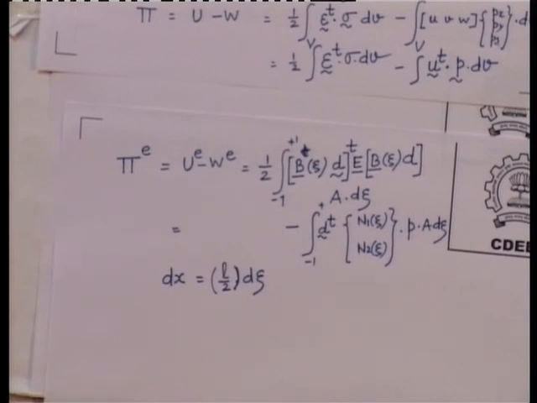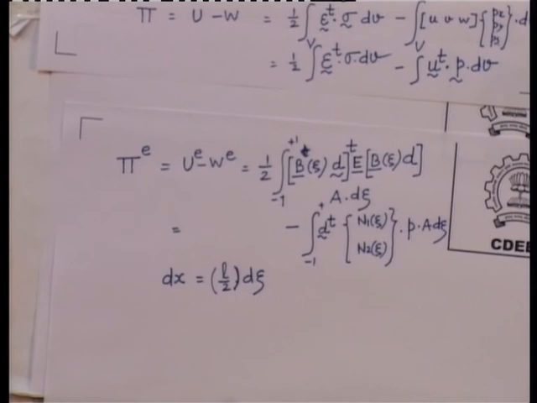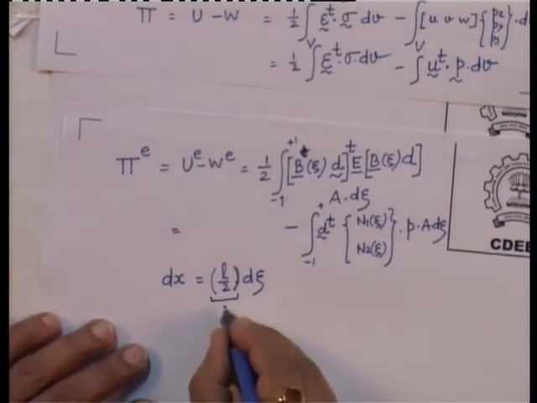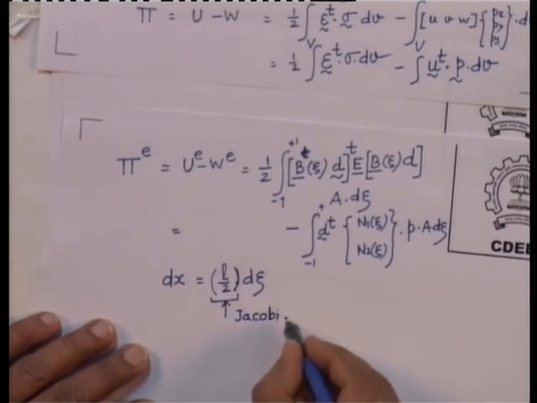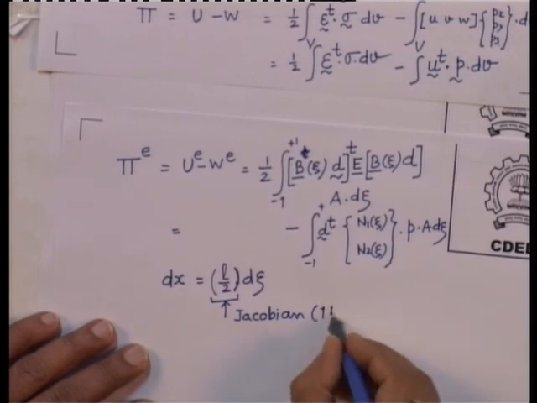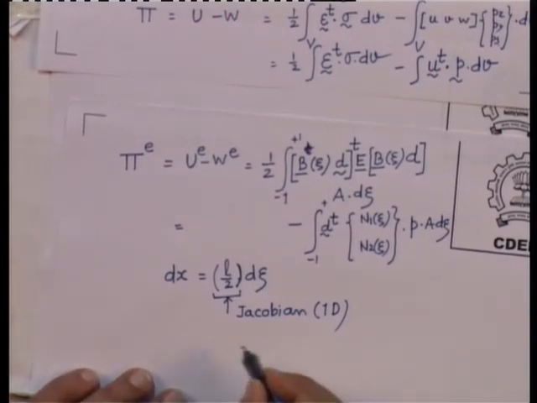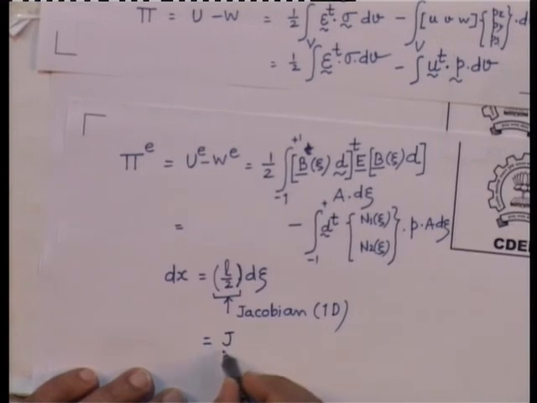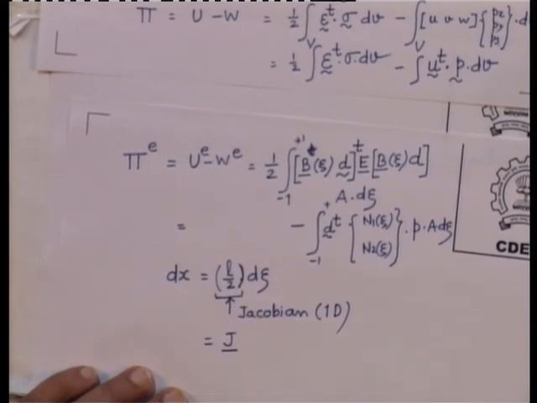In one dimension, there is something called the Jacobian, and in two and three dimensions, it transforms one coordinate to another coordinate. You know the Jacobian. It is denoted by J. So we write this as J times, and J is a number.